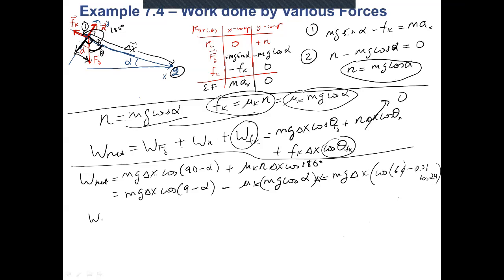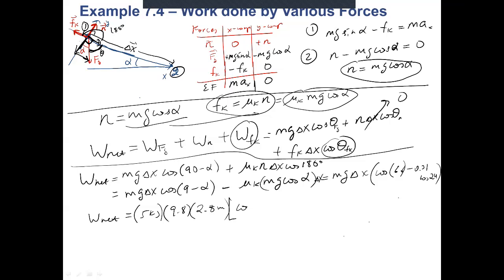All right, anyway, so the net work is, and I can calculate, mass was 5 kilograms times 9.8. Displacement was 2.8 meters. This is mg times delta x, and then factor out.